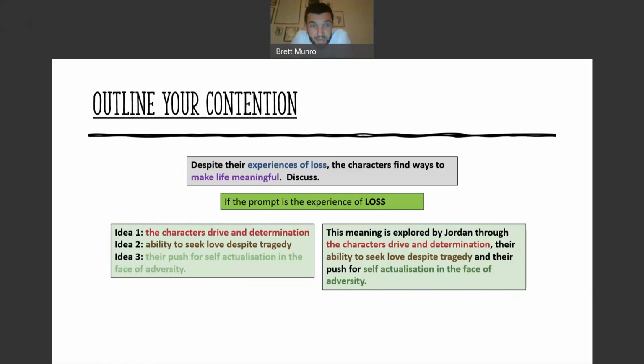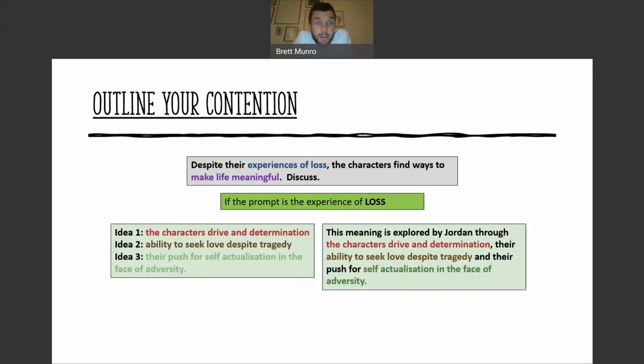And we have said here that the ways that the characters are drawing meaning is through the character's drive and determination. So the characters experience loss, that leads to drive and determination, and that becomes a source of meaning for them. Number two, the characters seek love as a consequence of loss, and that love, despite tragedy, despite grief, despite pain, becomes a source of meaning.